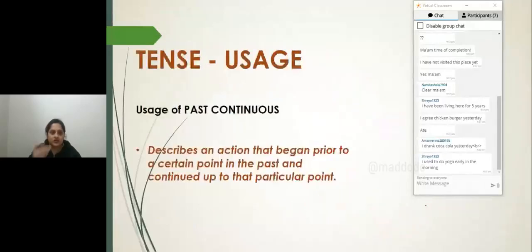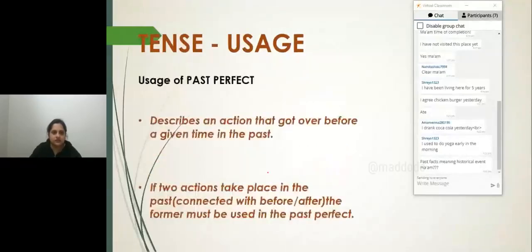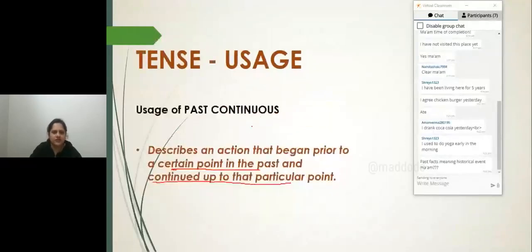Okay. Something that was started in the past at a certain point and continued up to that point in the past. So that is, give me one sentence, past continuous, easy one. Not historical facts, you can say historical events. Facts means present, has to be in present.